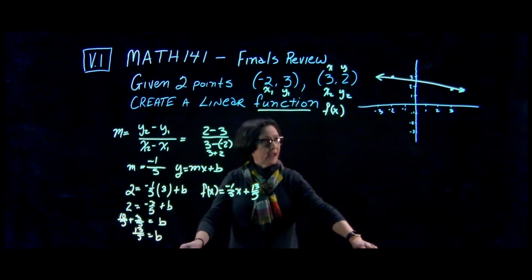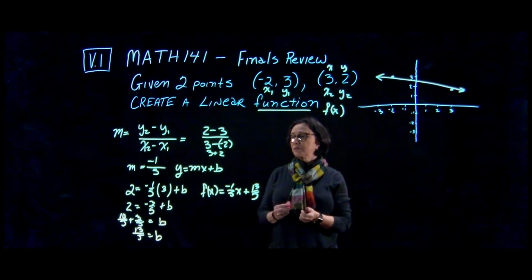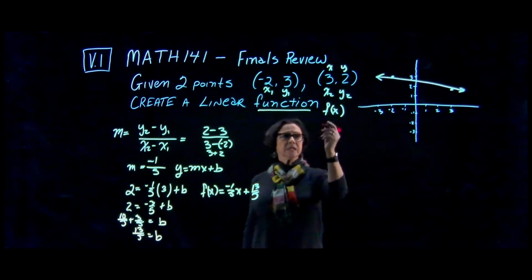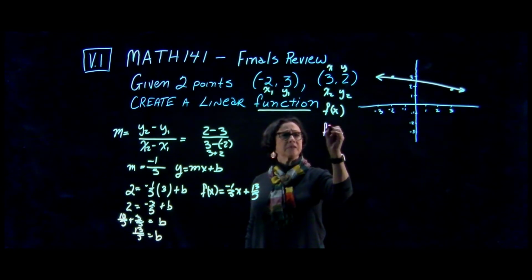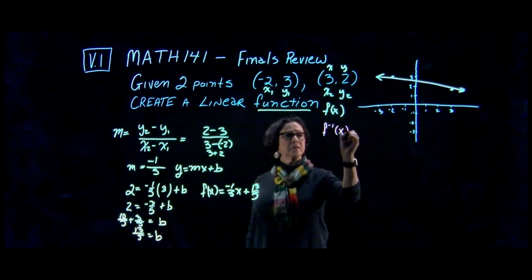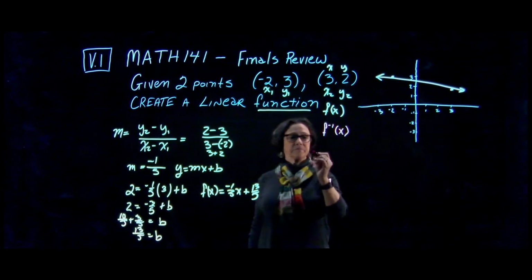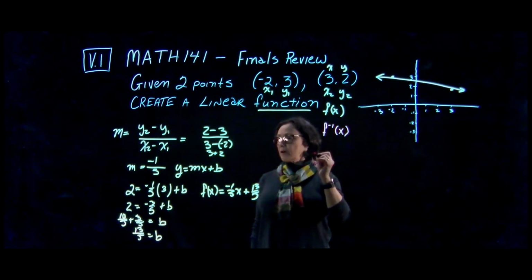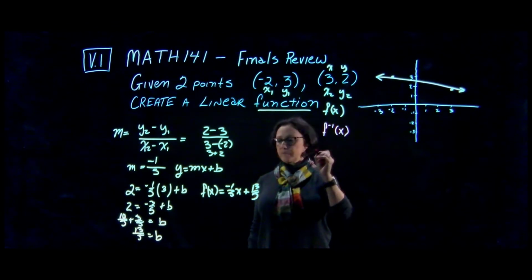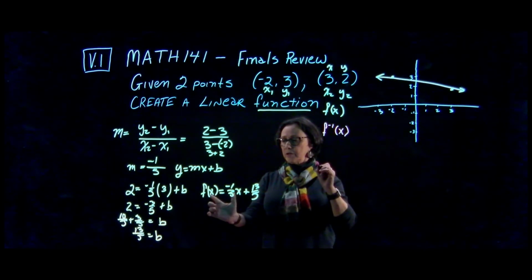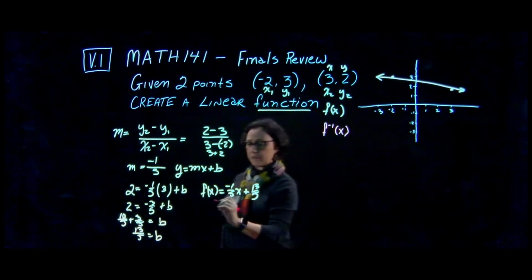If you are then asked to find the inverse function, the inverse function would be f to the negative 1 of x. You would want to switch your x and y values. So instead of our equation here, f of x would be our y.